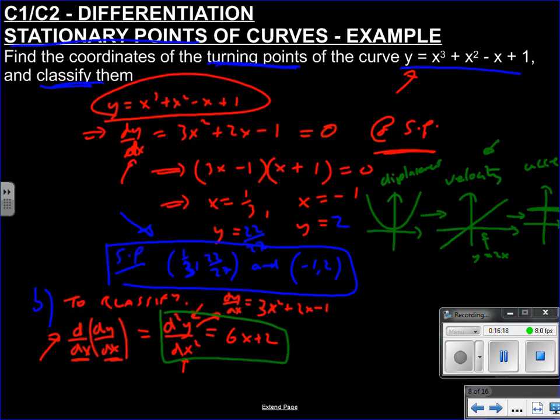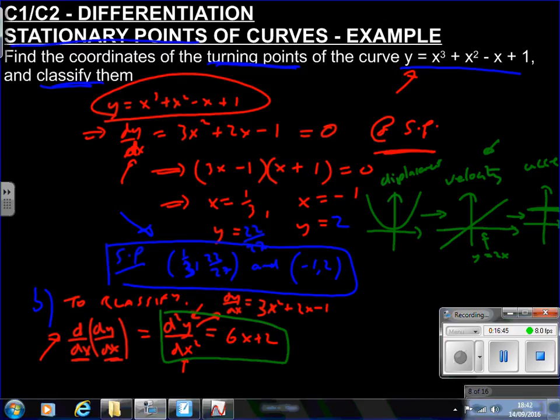So it's telling you, what's the rate of change of your rate of change? Do you see? So if your rate of change of your rate of change is positive at a point, then therefore you must have a minimum, because your function is beginning to increase its velocity again, right?